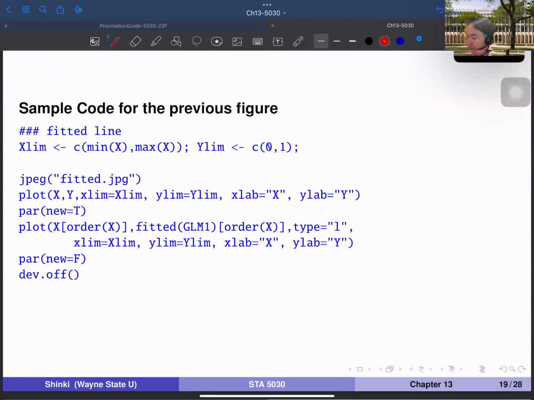So this is the scatter plot of x and y. Then the fitted curve is here, the fitted values.